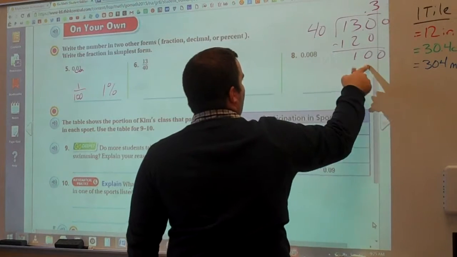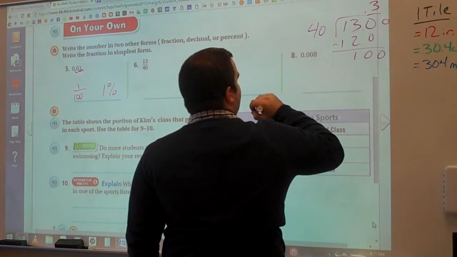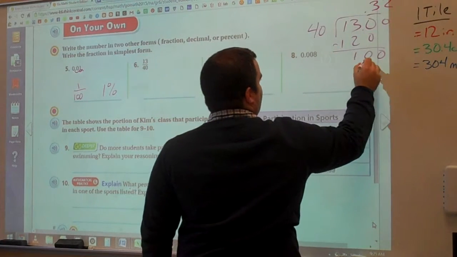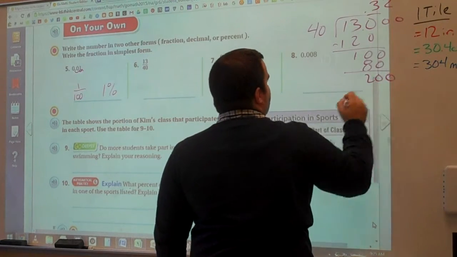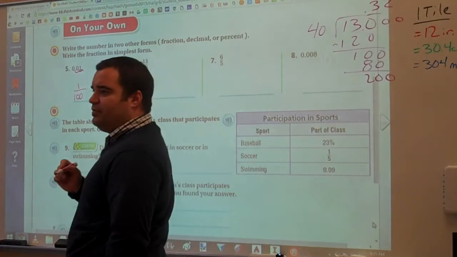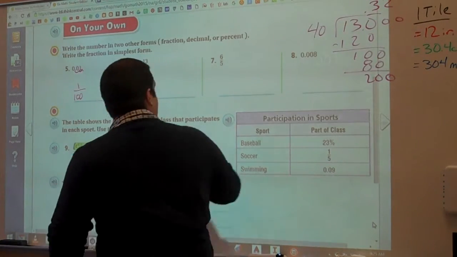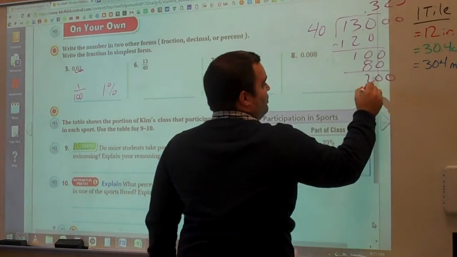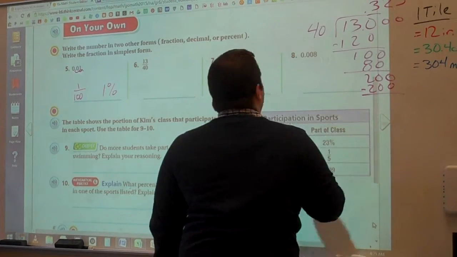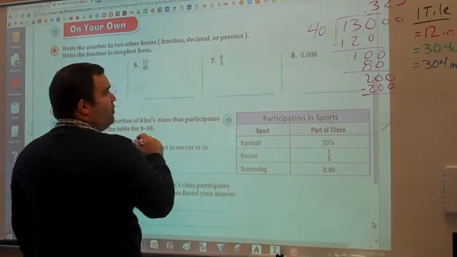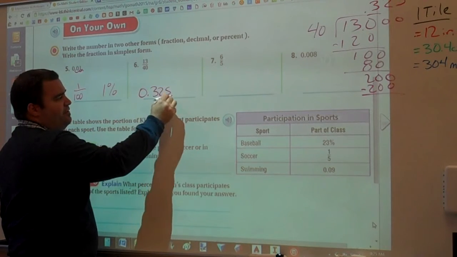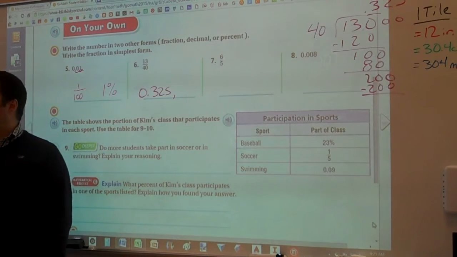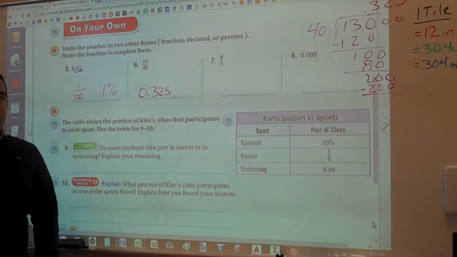How many times does 40 go into 100? 2 times. How many times does 40 go into 200? 5. So 13 over 40 becomes 0.325. And what percentage is that? 32.5%.